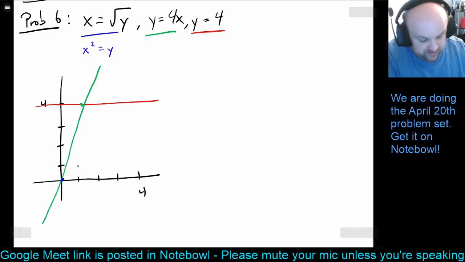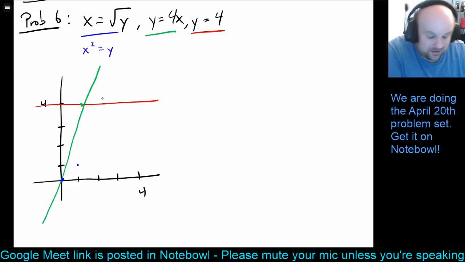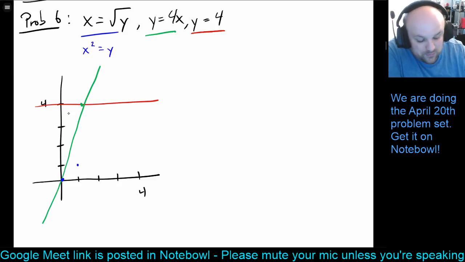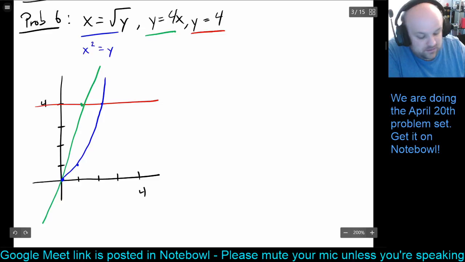When y is 1, x is 1. When y is 2, when y is 4, oh, sorry, I'm looking at the wrong axes. When y is 4, x is 2. Here. Right. So what are we looking at? We're looking at the area in here.